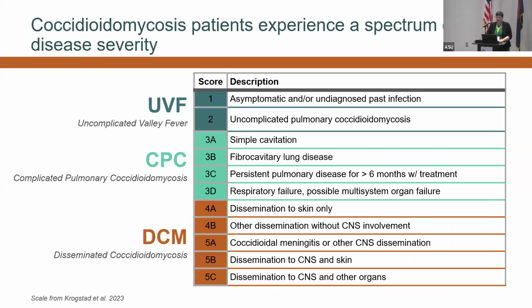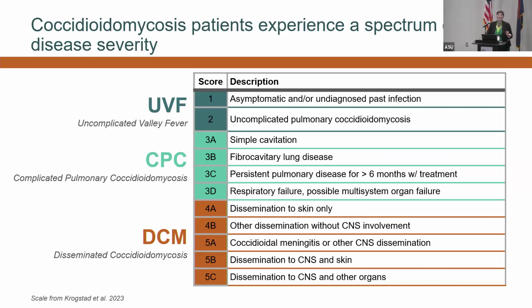For the purposes of this talk, I've grouped the wide variety of patients into three categories. The first is uncomplicated valley fever. That's anyone who's asymptomatic or has just a very uncomplicated disease restricted to the lungs. Then complicated pulmonary coccidioidomycosis, which is individuals who have some kind of complication, but it's still restricted to the lungs.